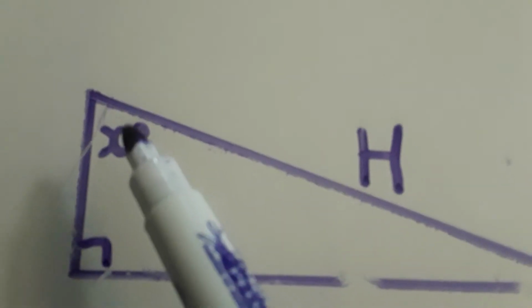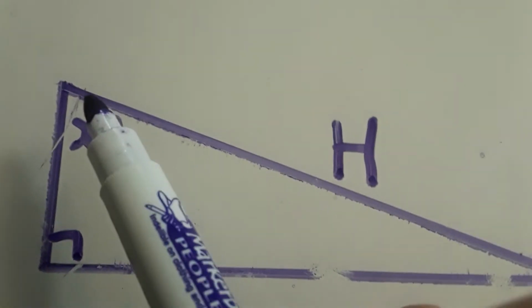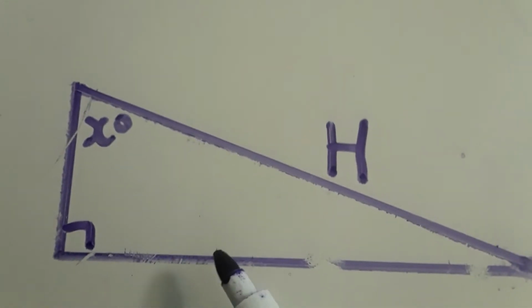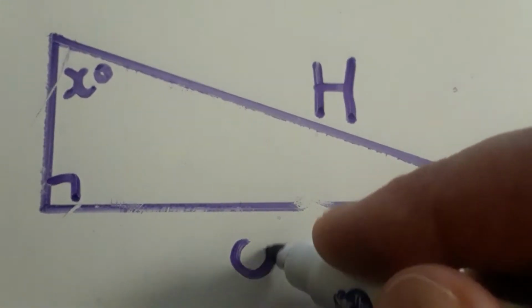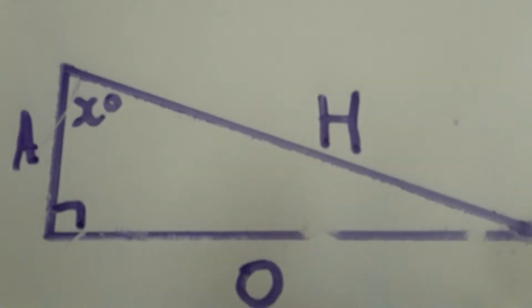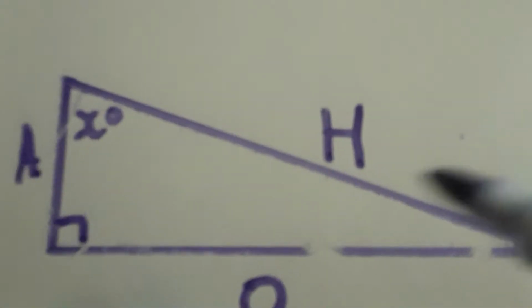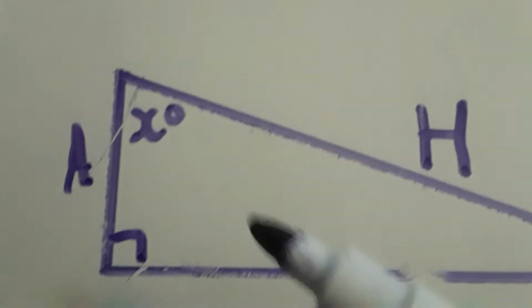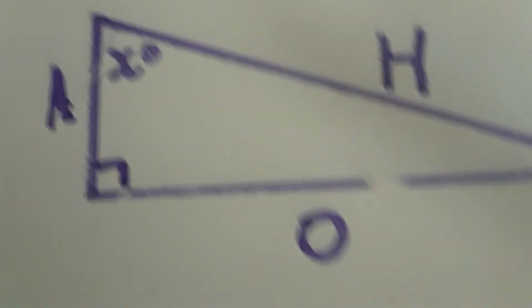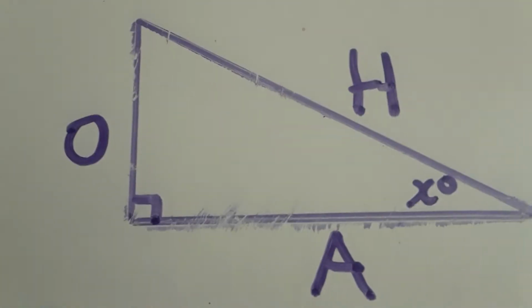But this time, because this is the angle rather than this one over here, when we move our pencil opposite this angle, we end up with the opposite side being down here, and the third side that's remaining is the adjacent side, okay? So no matter where the angle in question is, the hypotenuse will remain the same, but the A and the O will flip. If you remember up here, the A and the O were there, okay?